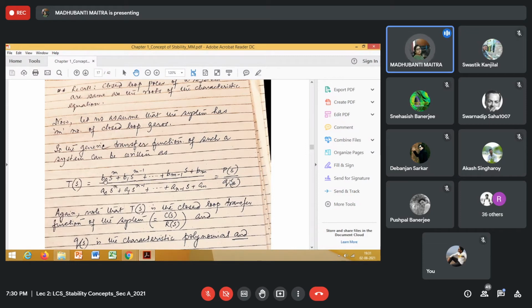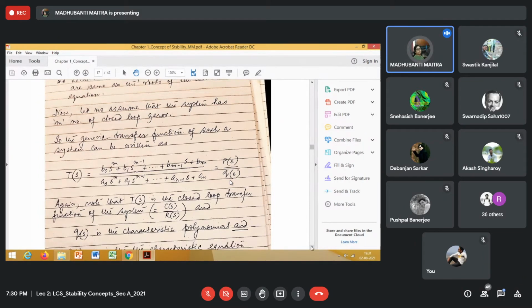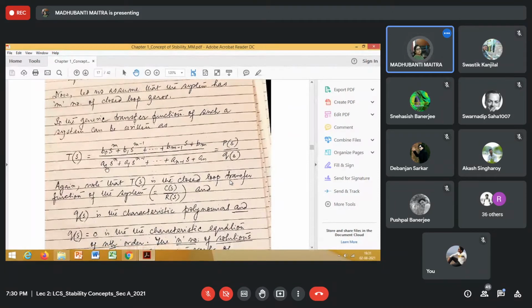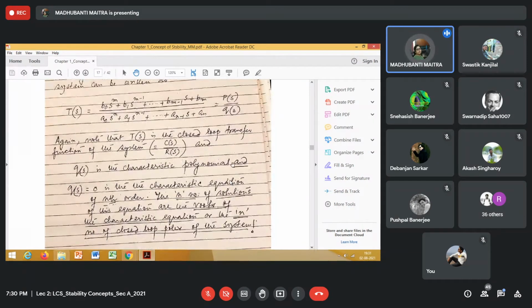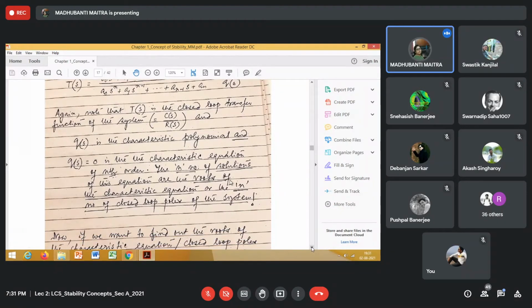So for Ps, these are the coefficients of the polynomial: b0, b1, bm minus 1, bm, and for Qs, the nth order polynomial in the denominator, the coefficients are a0, a1, an minus 1, an. We know that Qs is the characteristic polynomial, and if we equate that to 0, we'll get the characteristic equation of the system.